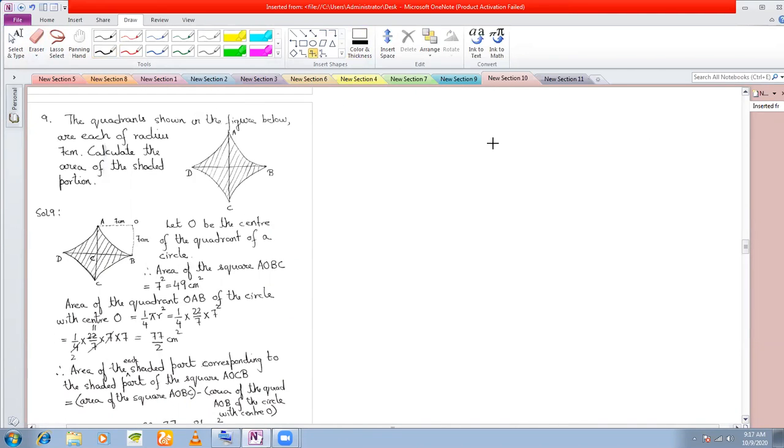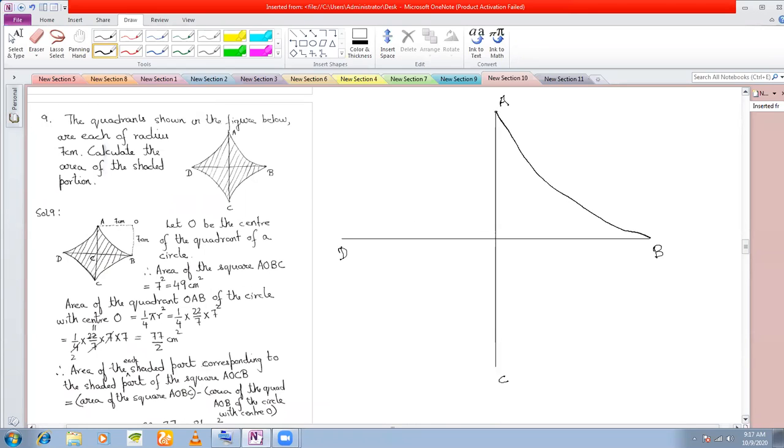Here you have 4 quadrants given to you, and the region that is shaded here, is it a kite?